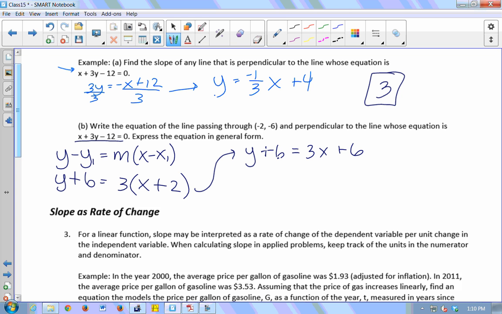And then just move everything to the left side. So this is going to be -3x plus y. When I subtract 6 from both sides, those go away, and I get equals 0. General form.